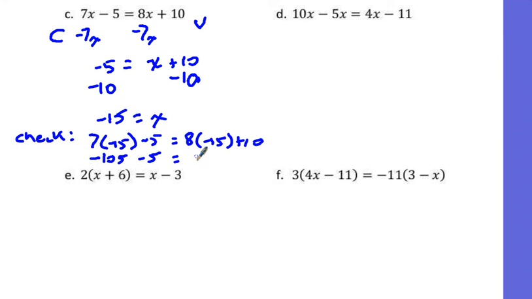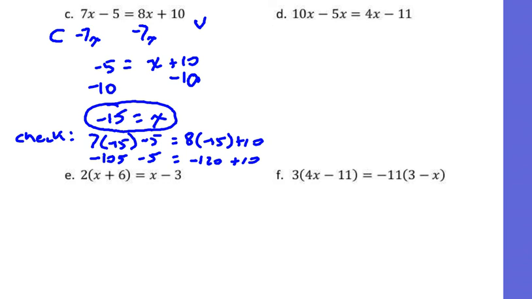And 8 times negative 15 is negative 120 plus 10. When you subtract 5 from negative 105, we get negative 110, and negative 120 plus 10 is also negative 110. So this checks, and x equals negative 15.